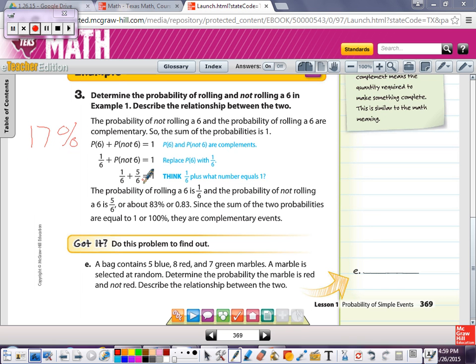And when we had the complement, which is 5/6, we had an 83% chance. If we add them up, we have 100%, which is exactly what we wanted. So now go ahead and try this one and see if you can figure out the probability and its complement. And when you're ready, we'll be moving on to example number 4.